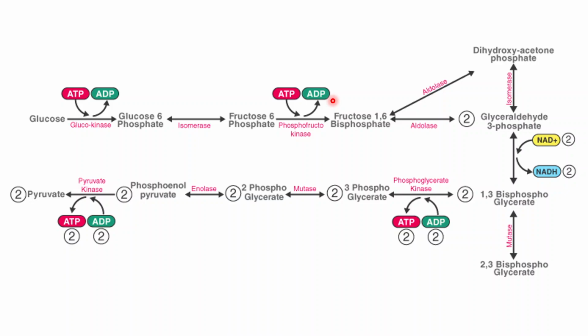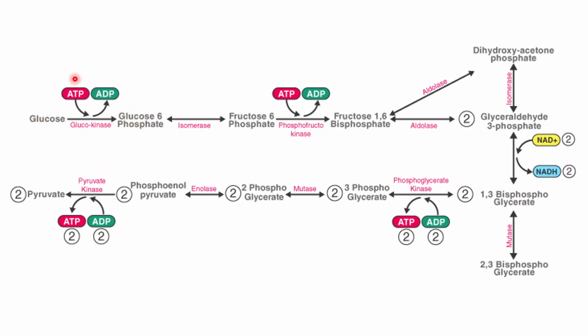Yes. Is it clear? Yes. So the same thing is happening here also. If you see, from glucose to glucose 6 phosphate, glucokinase or hexokinase is actually taking one phosphate group out of the ATP and giving it to the glucose molecule to make it glucose 6 phosphate.